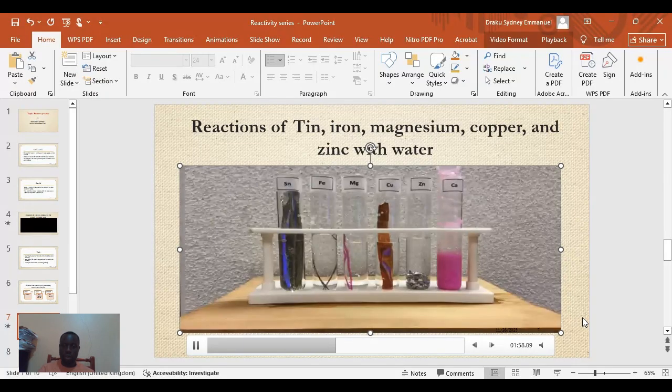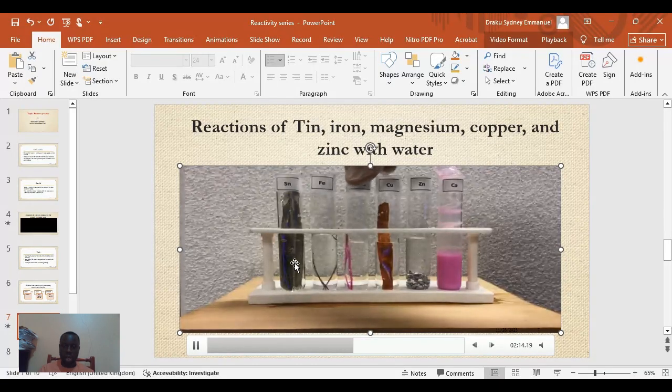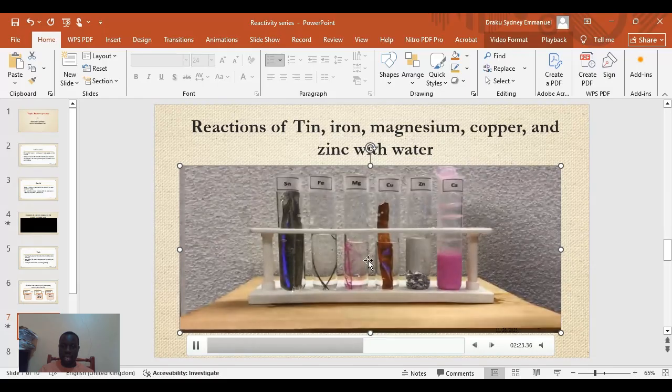You can see these observations with calcium, zinc, copper, magnesium, iron, and eventually tin. When you look at them one by one, we see there is some color change in magnesium, but we don't see color changes in zinc, copper, iron, and also tin.